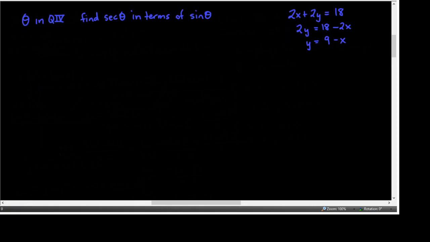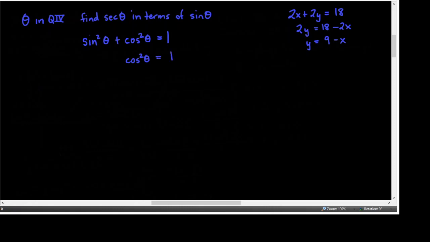So, how are those related? Well, I remember secant is the reciprocal of cosine, and I know sine and cosine are related by the Pythagorean identity. So I want to start with that. Let's start with a known truth, like sine squared theta plus cosine squared theta equals 1. And I know that I'm trying to get secant, which means it's related to cosine, so I really need to get cosine by itself.